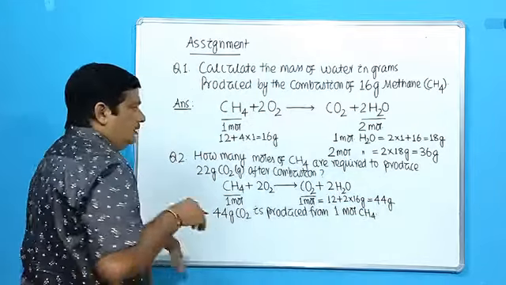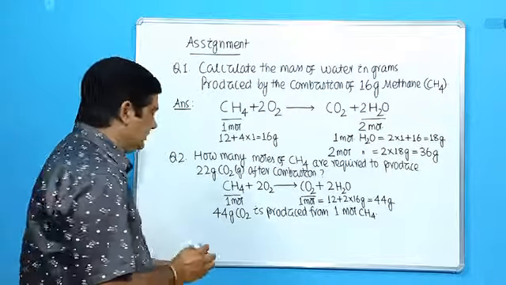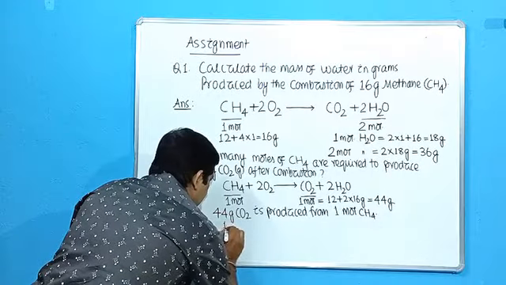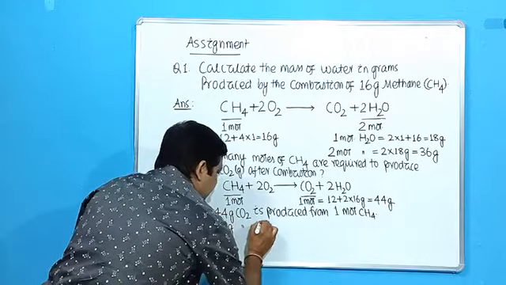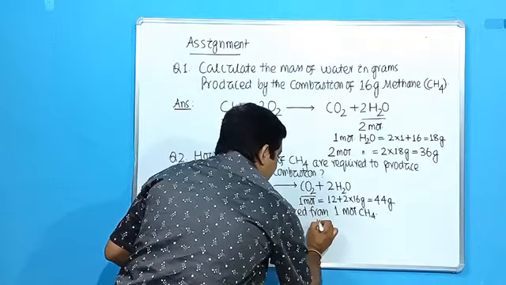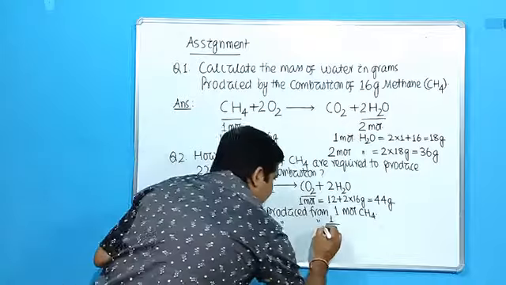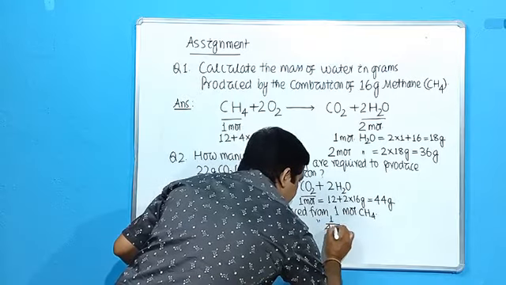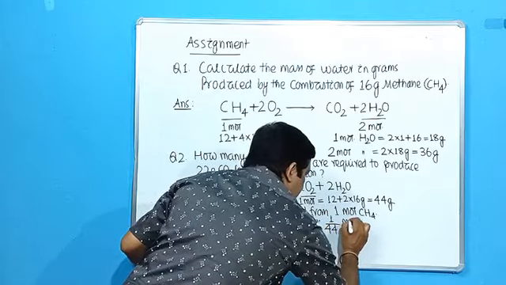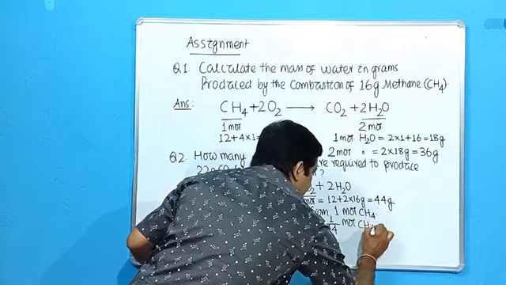Okay, so we'll solve it by the unitary method. So 1 gram carbon dioxide will be produced from 1 by 44 mole CH4.